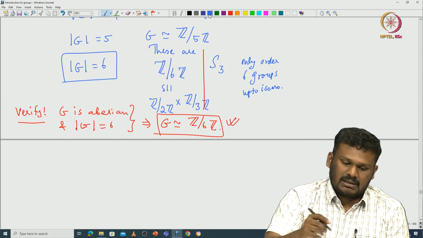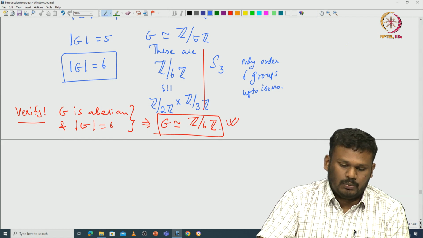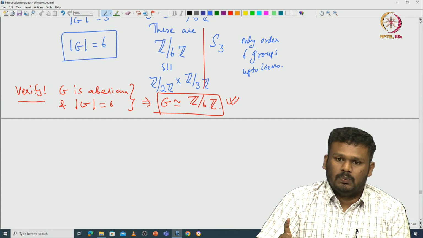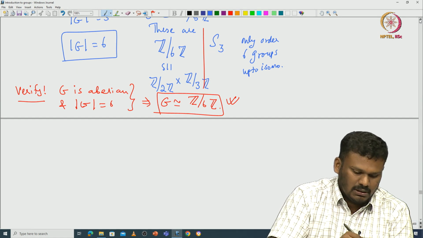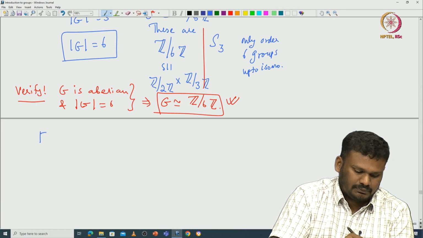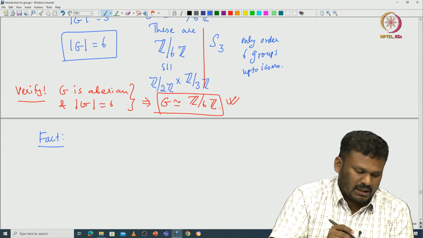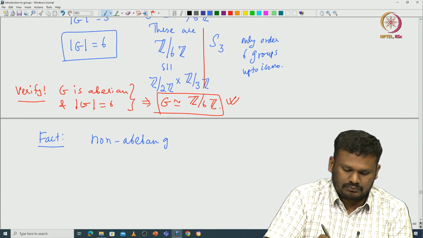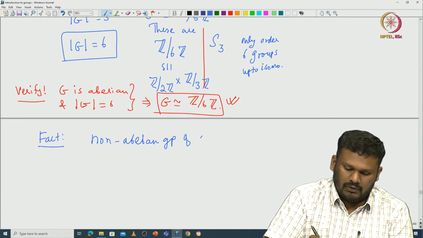So, now as a corollary of Cauchy's theorem, we will prove that S3 is the only non-abelian group of order 6. Okay. So, this is a result. It is a simple corollary of Cauchy's theorem. Suppose you have a non-abelian group of order 6, then that must be isomorphic to S3.